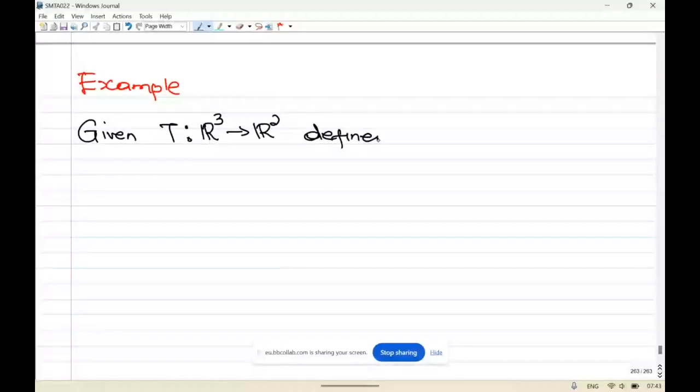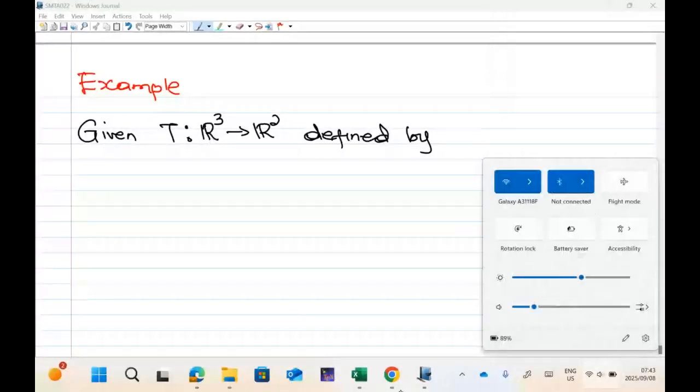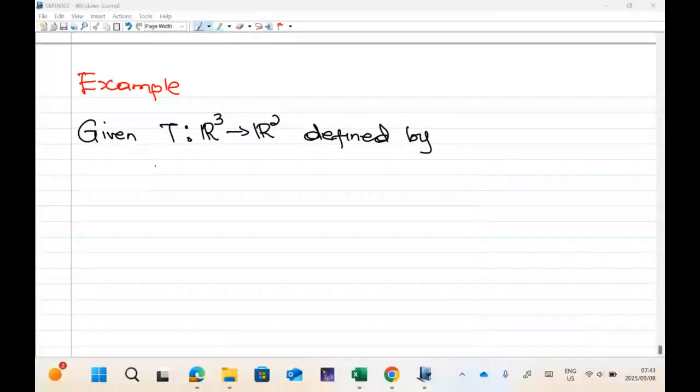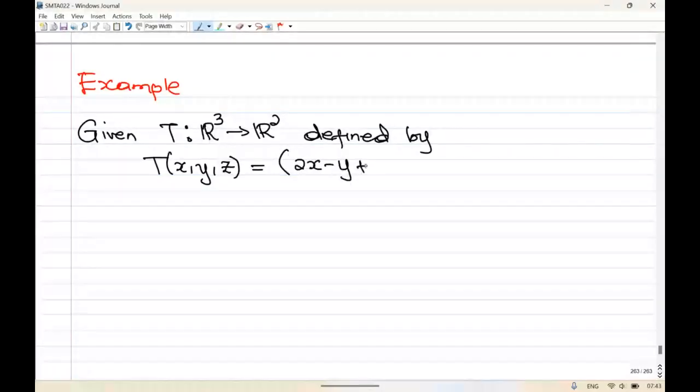The first map T is defined on the third dimension, T of x, y, z, which equals the two-dimensional vector (2x minus y plus 3z, minus y plus 2z). And then again, we have another map.